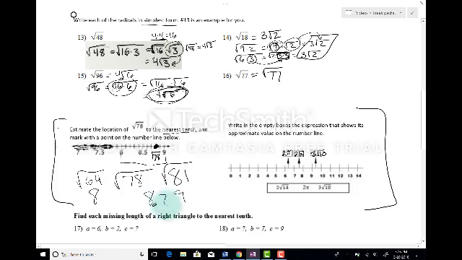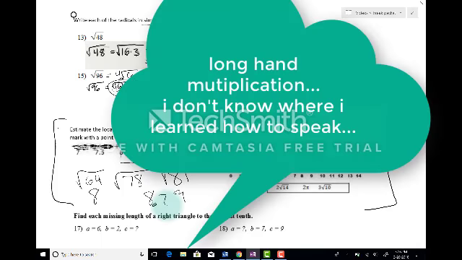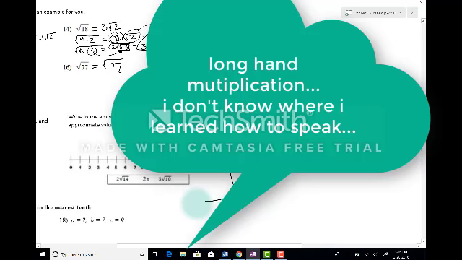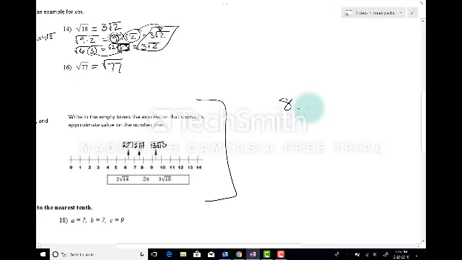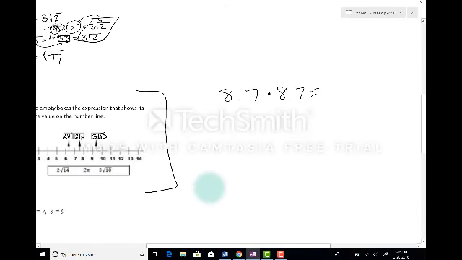What you can do there is you're going to need a calculator for it, or do it with your long way of multiplying. So you'd have 8.7 times 8.7 and see how close to 78 you can get.